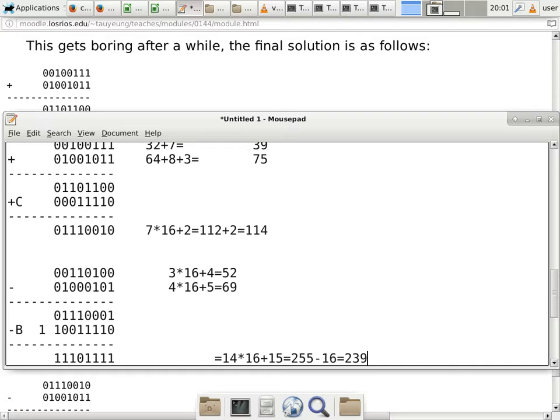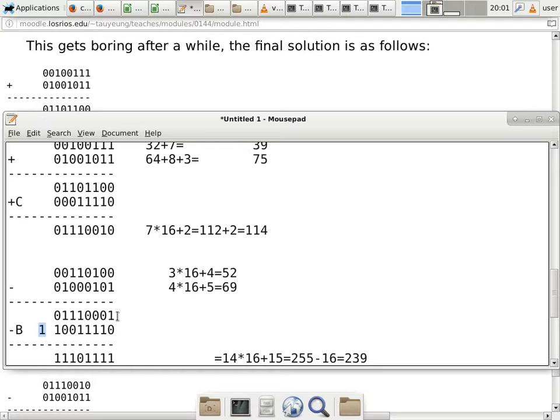Well, it's 239, but remember, we are borrowing from the next power of 2. So let's go back to this picture and ask, what exactly does that mean? That extra 1 means we ended up borrowing something that cannot be represented. But which power of 2 are we borrowing from?